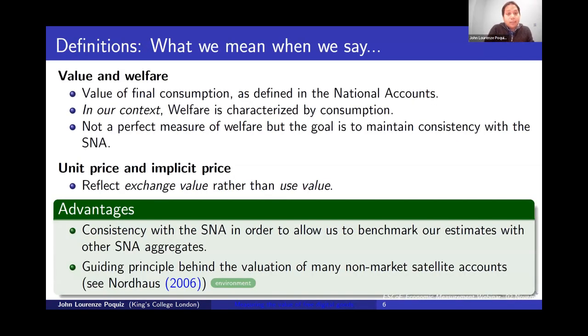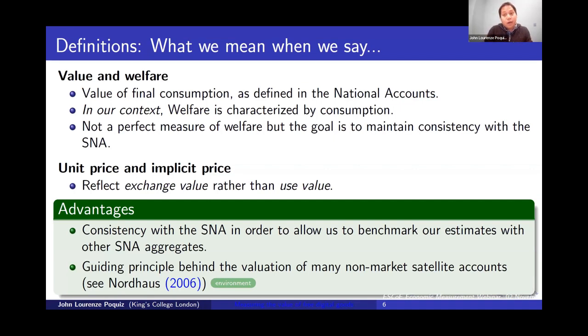Now, just going through definitions, when we talk about value, we're talking about the value of final consumption as defined in the national accounts. So we're focusing on the demand side of the national accounts, as the value of final consumption that we derive from these goods and services.